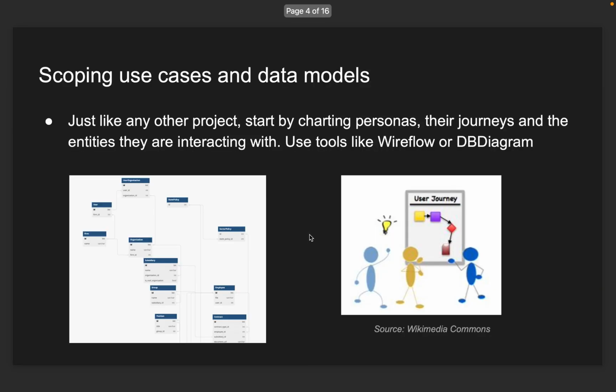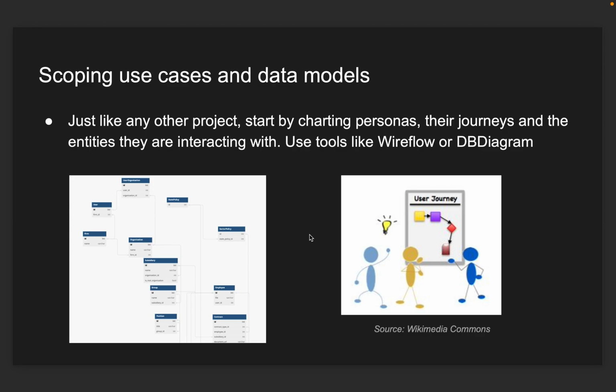So the number one step, just like in any other software project, is to identify our scope: what are the different entities we are dealing with, what's the user journey, what are the different types of users who will be using the software. And for this, it's pretty straightforward. We need to use tools like a diagram tool, like DB diagram, for example, and wireframing tools, and this is very classic work.